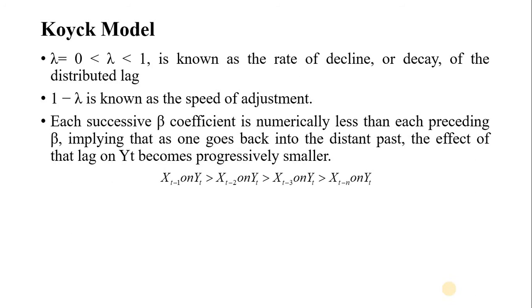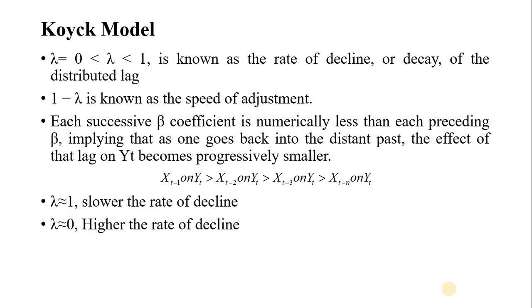Then after that the impact becomes 0. So as we move to the distant past, the impact will be progressively smaller and smaller. So the impact of xt minus 1 on yt will be greater than the impact of xt minus 2 on yt.